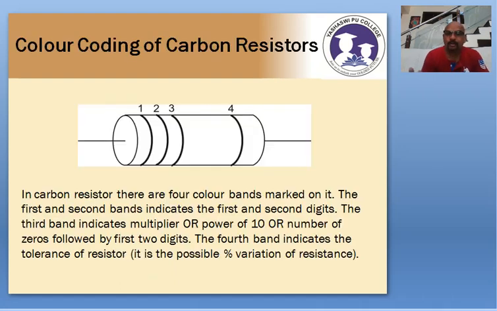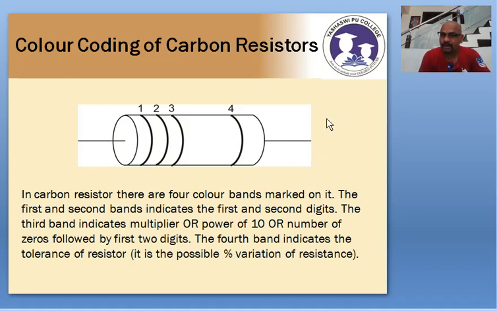So now notice this color coding of carbon resistors. Imagine this is a carbon resistor here, and usually it will be in a cylindrical shape, and there will be two leads for electrical connection, one on either side.